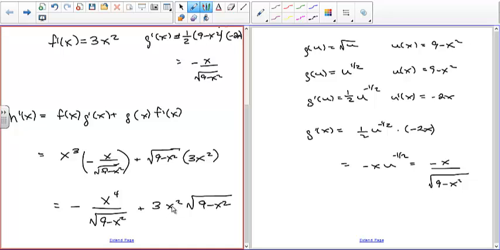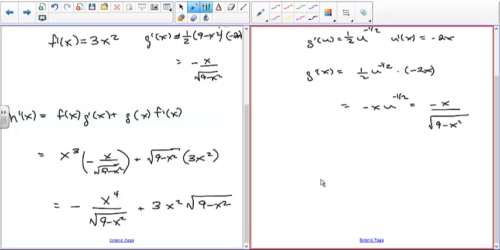And I wouldn't need to put x squared in parentheses because obviously I'm squaring x. I'm not squaring 3x. If I was squaring 3x, I'd need to put parentheses around the 3x. So that's another last point: there's a difference between 3x squared and 3x quantity squared.